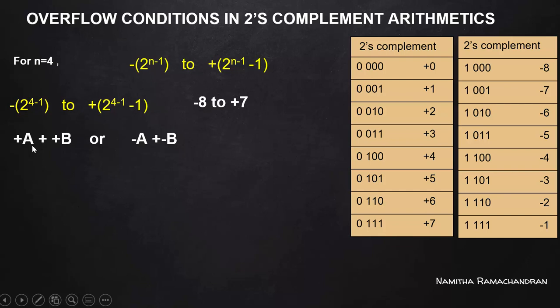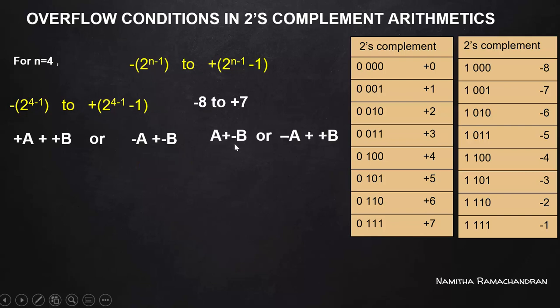Suppose the numbers are like this: a positive number is added with another positive number, or a negative number is added with another negative number. In these two cases, we can expect overflow or underflow. This case sometimes causes an overflow, and this sometimes causes an underflow condition.